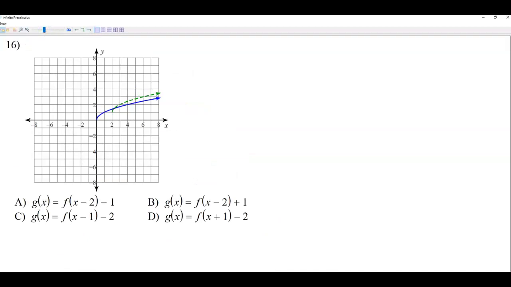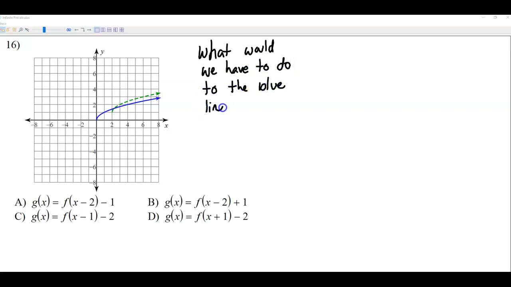Okay, so on this one, you want to ask yourself, what would we have to do to the blue line to get the green line?